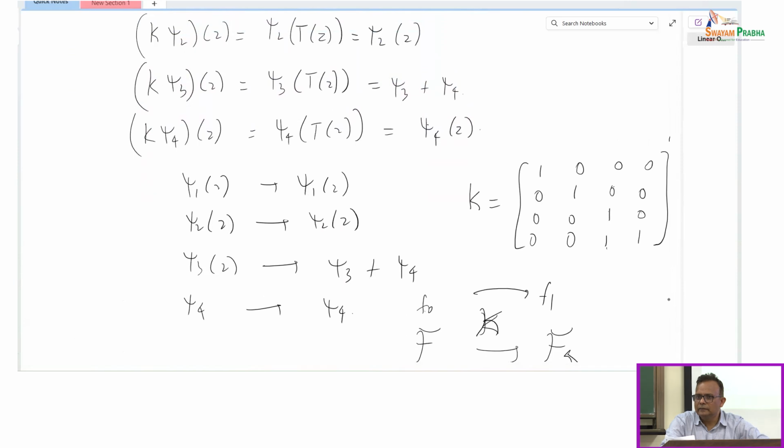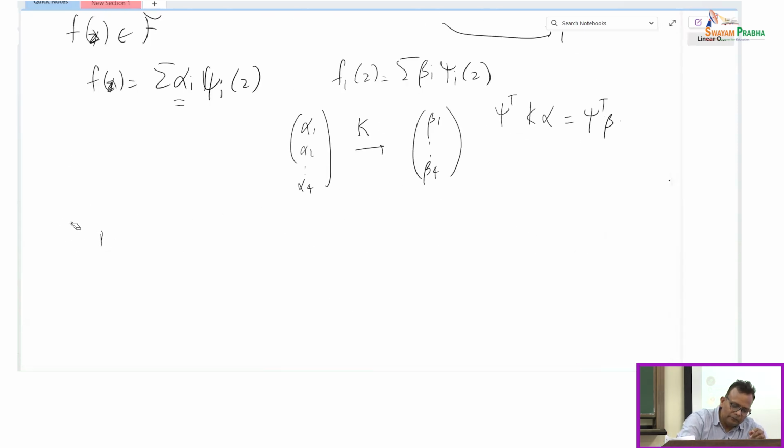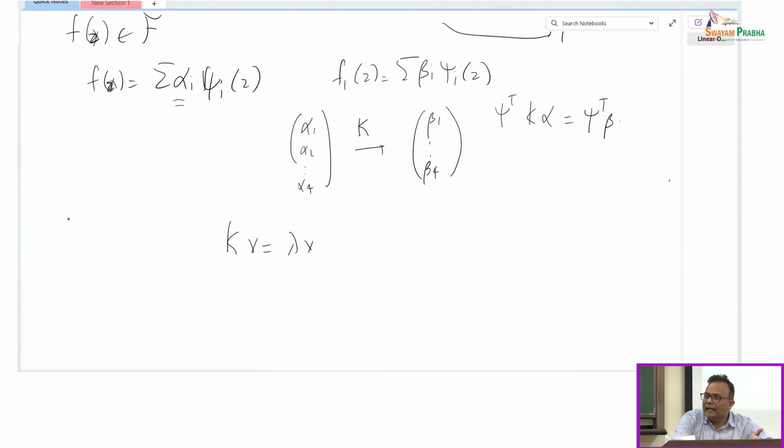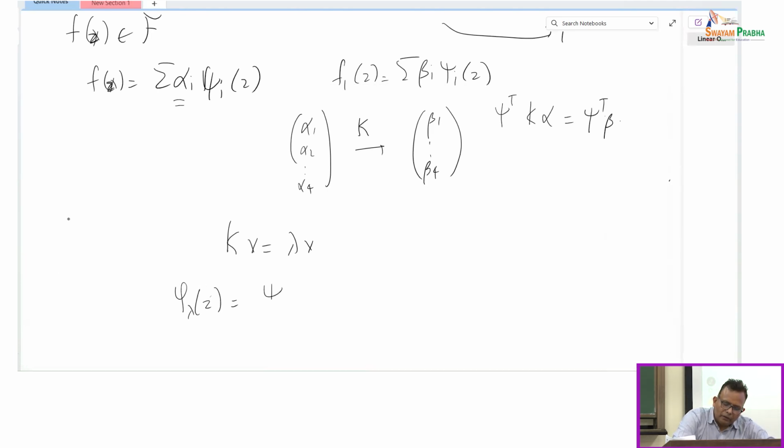Let's say V is the eigenvector, so KV equals lambda V. Then what will be the eigenfunction? What will be phi lambda of Z? It will be psi transpose V, where psi are my bases. So this is how we get the eigenfunction from the eigenvectors.